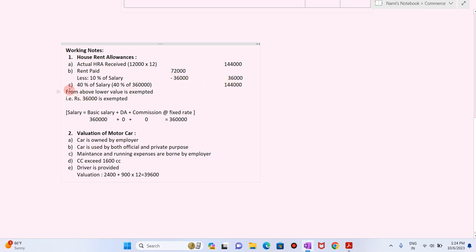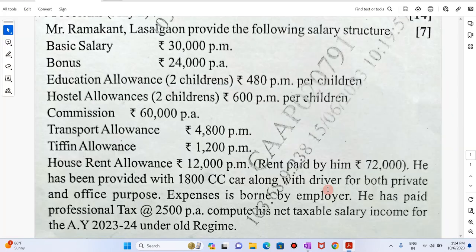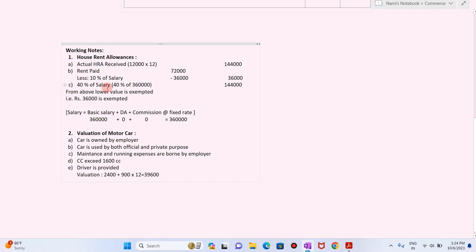Next C point is 40% of salary. Now see here in the question, Ramakant lives in Lasalgaon. Okay, so Lasalgaon is not a metropolitan city. That's why 40% of salary. Okay, so calculation of salary is here.